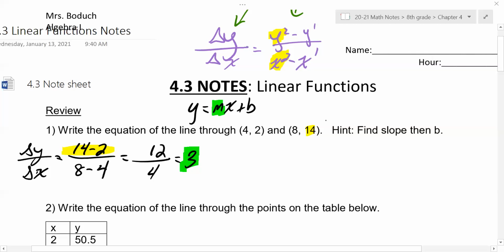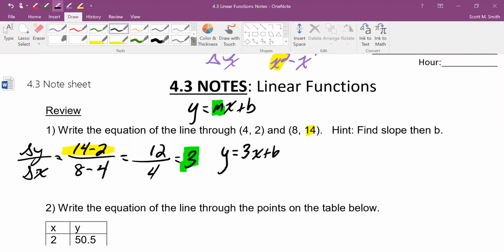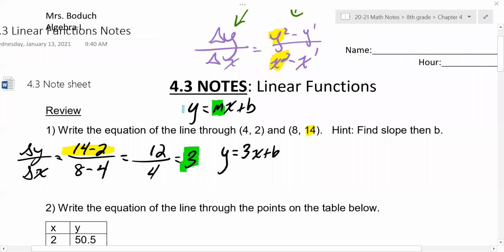So now I know that I have my y value, and I have 3 as my slope. So now I have y equals 3x plus b. I need to solve for b. I can substitute in a value.